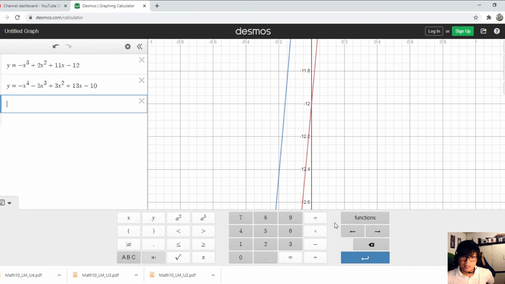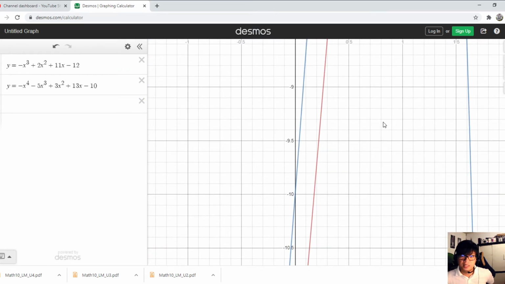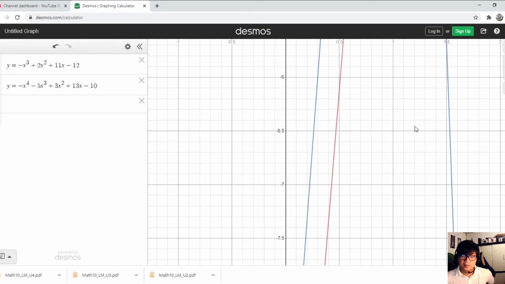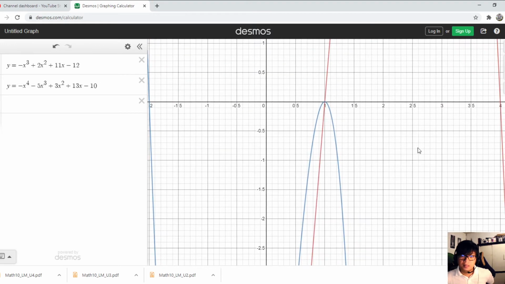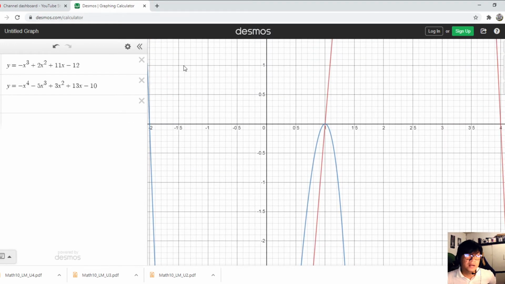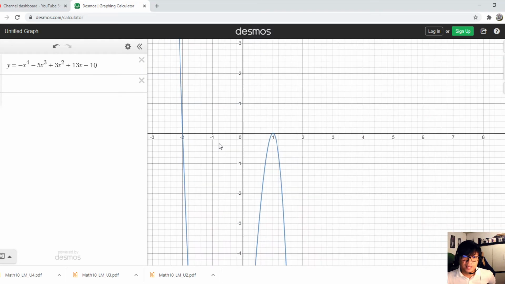Sige. Anong graph niya? Punta tayo sa taas. Tayo start sa 0. Yan. Erase na lang natin itong first graph, yung graph ng pangalawa. Yan. So, ito yung graph niya.